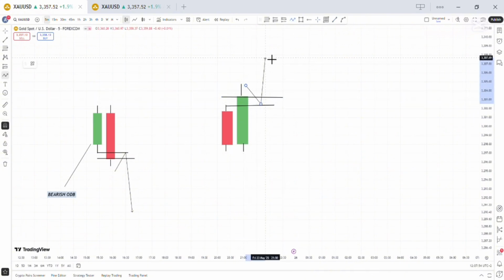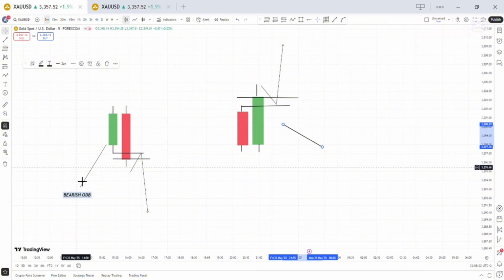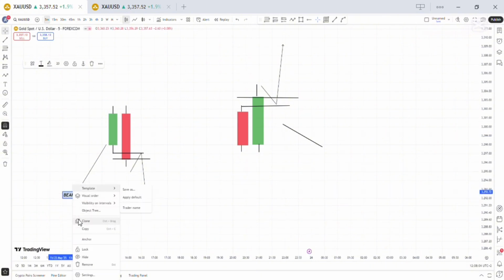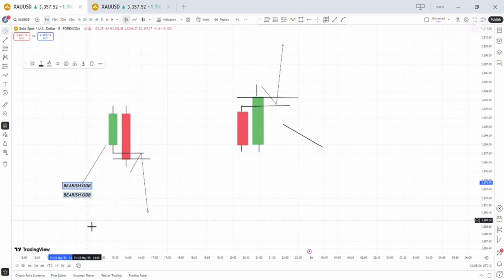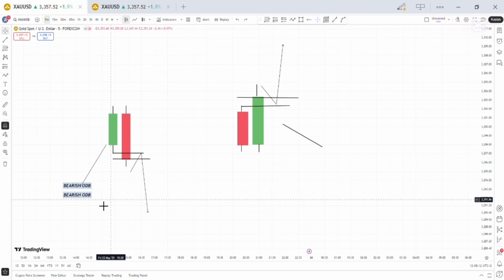This is an example of a bullish order block.